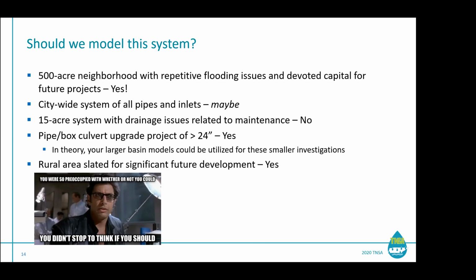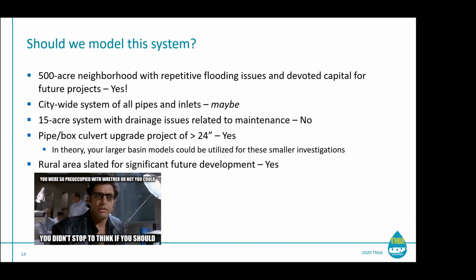I think that's probably unrealistic. But it's possible. Your asset management may have the inverts for everything, but when you're looking at hundreds of acres and where stuff's interfacing with streams, do we really need to know all that information about the city? Probably not. You're probably cutting things down to 24 inches or larger.